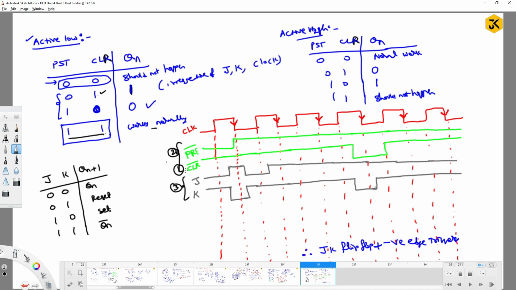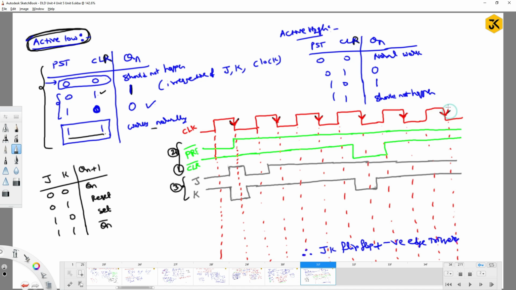Now this timing diagram I am thinking about with respect to active low. And whenever this is going to change its output, it is negative edge triggered, guys. You have to make sure to understand this one.